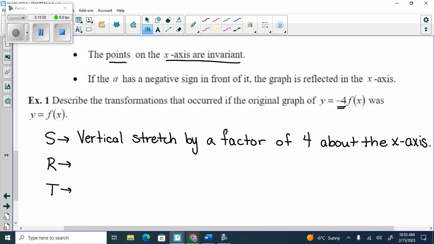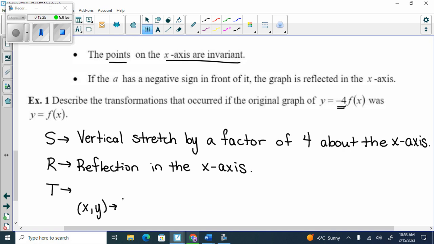So the 4 gets us a stretch. The negative gets us a what? Reflection in the which axis? What would my mapping be then?